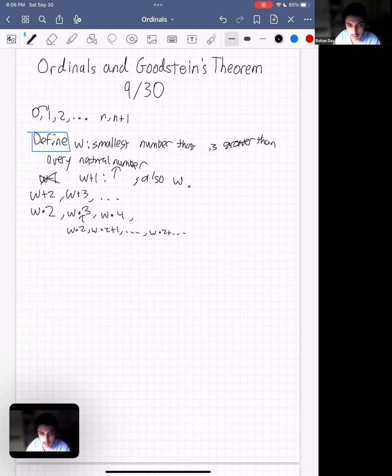And we can define omega times 4. We can continue defining this. And eventually we're going to reach omega times omega, which is omega squared. Based on definitions like these, we can define basically any combination of natural numbers and omega using exponentiation, multiplication, and addition.